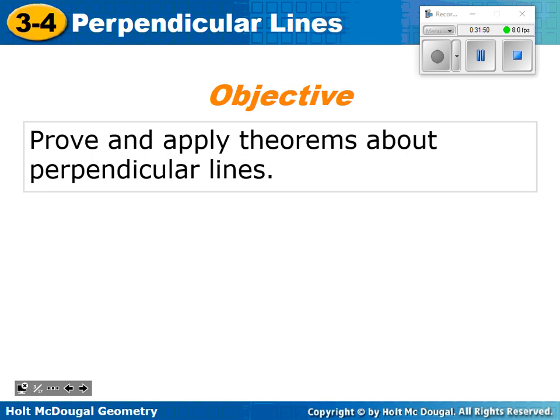I'm really trying to stress that so that you don't miss it on your test. Okay? And so then what are our 5 ways? Converse of what? What's one way? Good. Converse of the corresponding angles postulate.